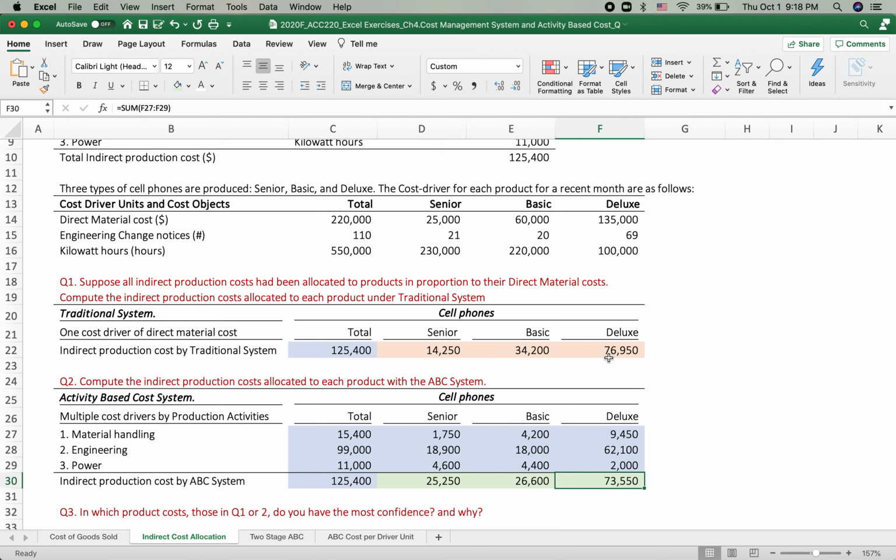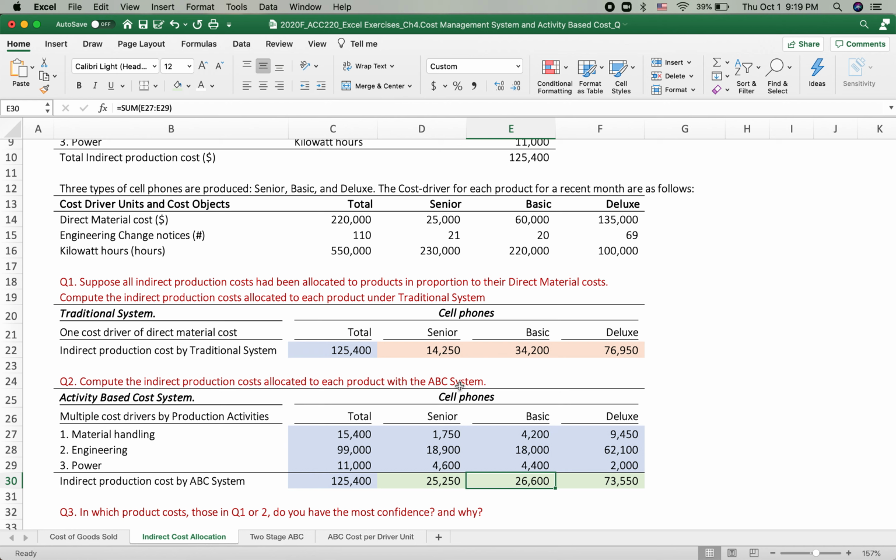It's not much different, right? But the basic cell phone has different results. Under the traditional system, the basic indirect production cost is much higher than the indirect production cost by ABC system.